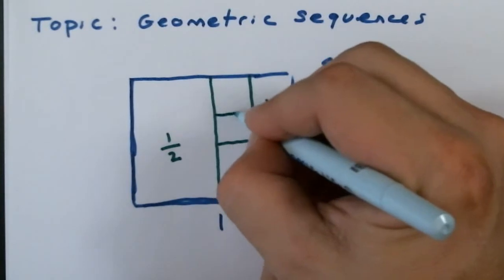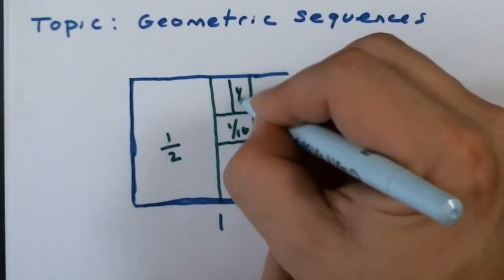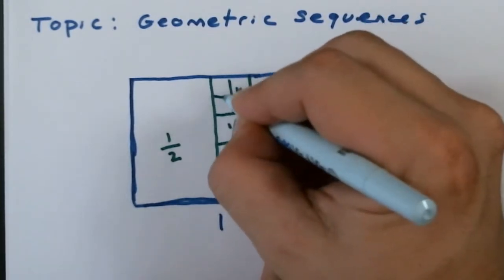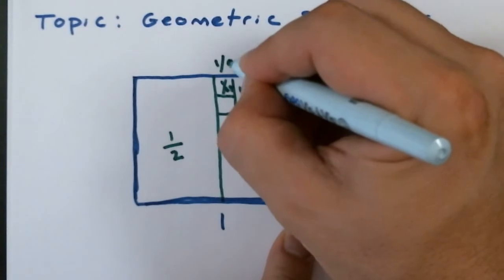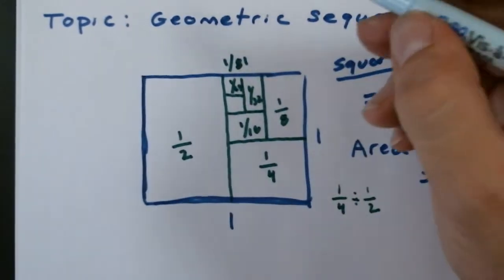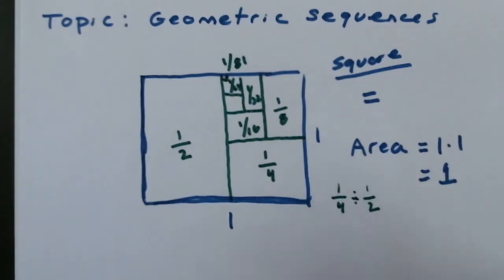Okay. If you cut that in half, you get 1/16. You cut that in half, you get 1/32. If you cut this in half, you get 1/64. And you can just keep cutting down until you reach the very end.